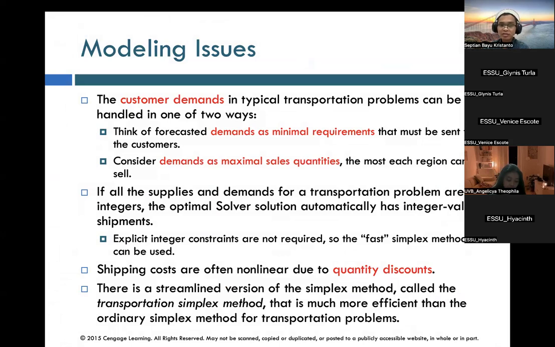We need to consider the maximum sales quantity because we need to cover all of the customer demands. When the customer's demand is fulfilled by our predictions, they will be happy and our production will run the easy way. So that is how to make some simplex methods.